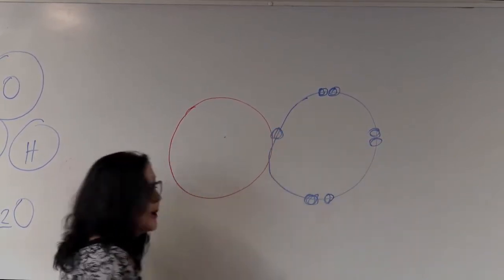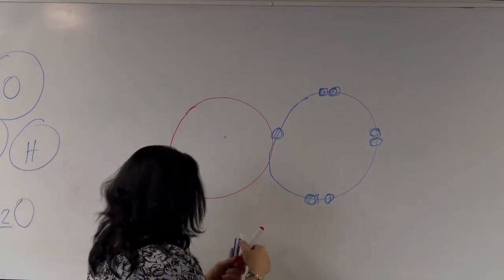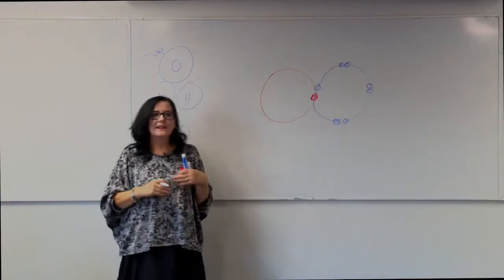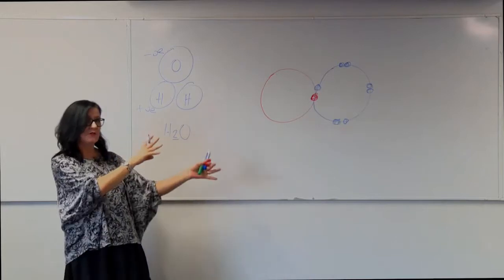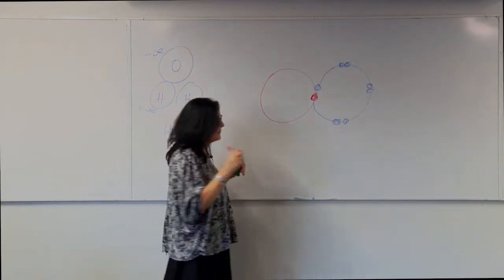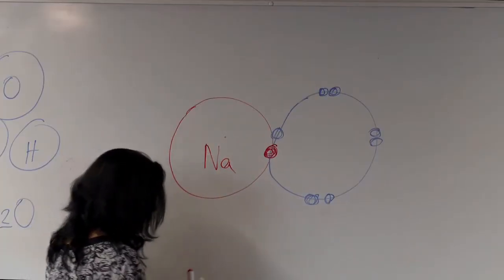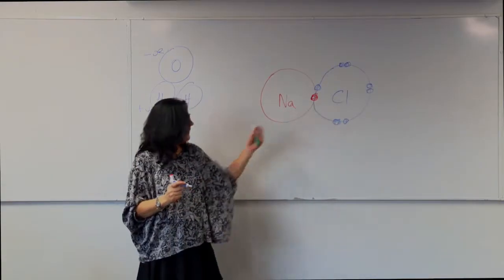And of course, we're sharing an electron. Or in actual fact, it's an ionic bond, so sodium has donated the electron to chlorine, but it's hanging on to it. Sodium and chlorine gives us NaCl.